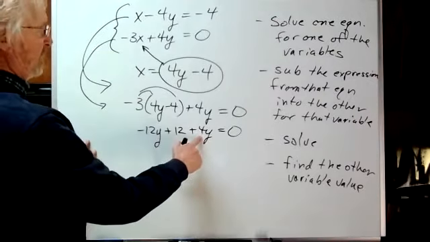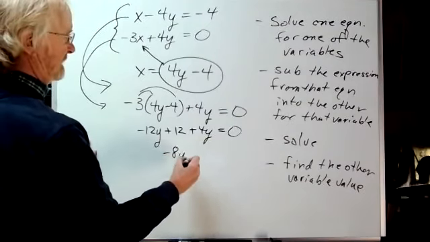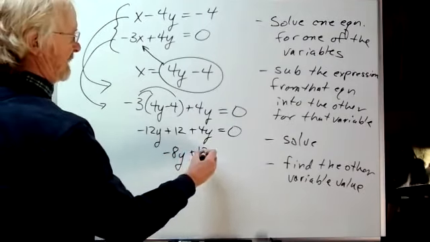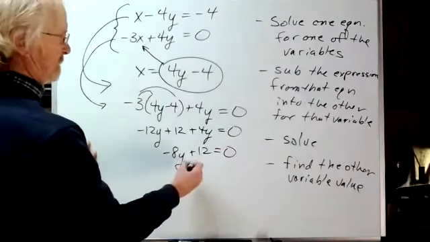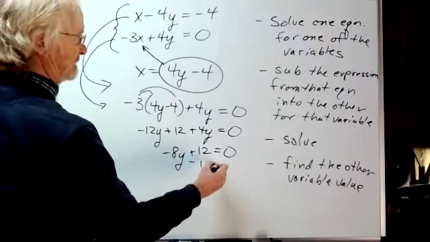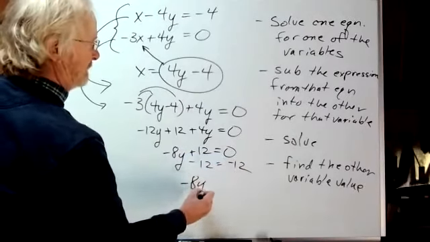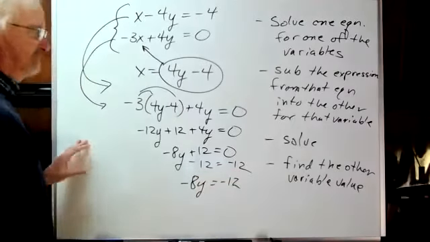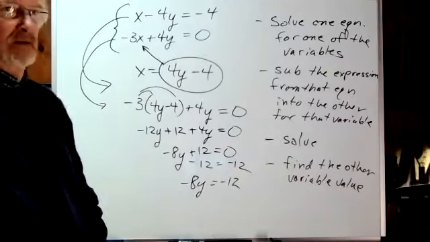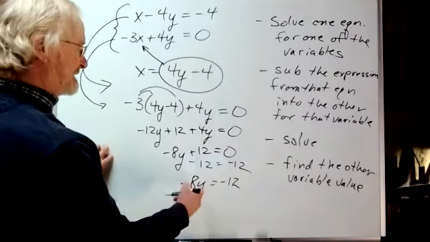-12y plus 4y leaves me -8y's, like terms, right? Plus 12. And let's subtract the 12. Oh, I'm going to do a fraction. -8y is -12. Right, so let's see.